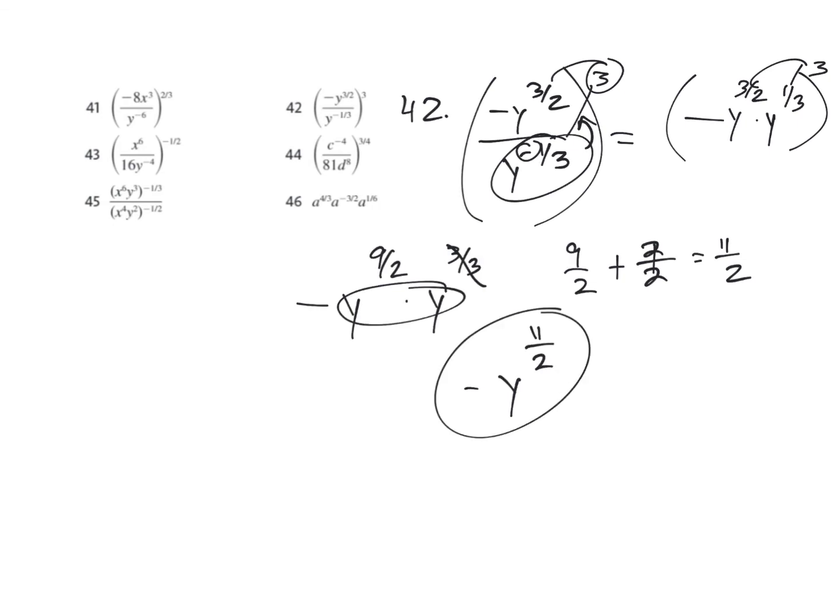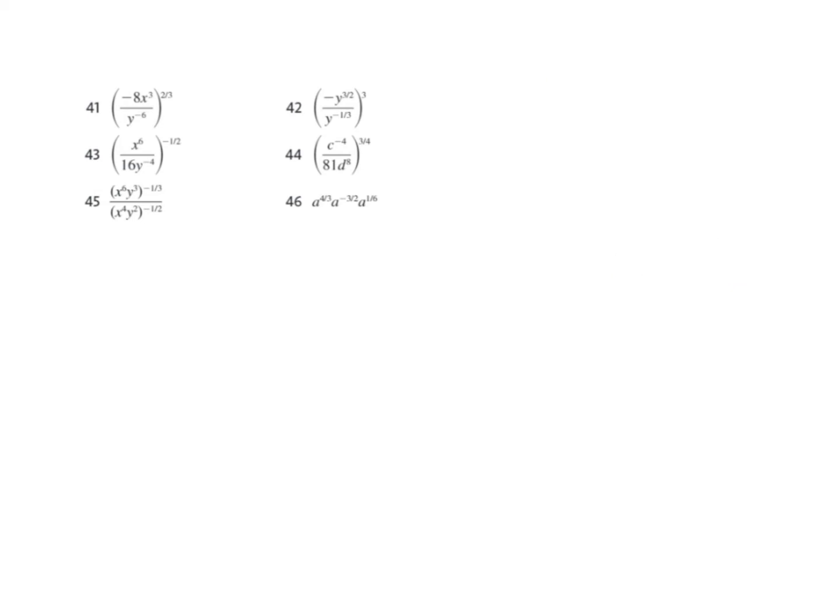All right, number 43. X to the 6th over 16y to the negative 4 raised to the negative 1/2. Again, if your exponent's negative, let's go ahead and move everything to the bottom. Now, here's another little tip.